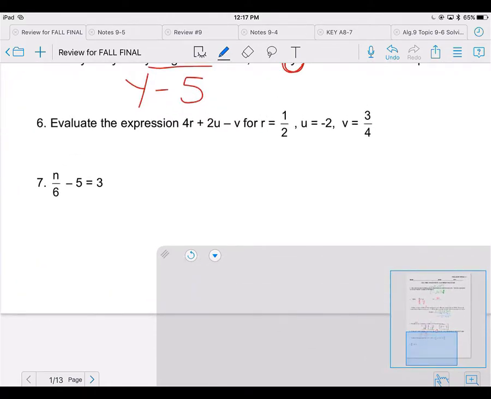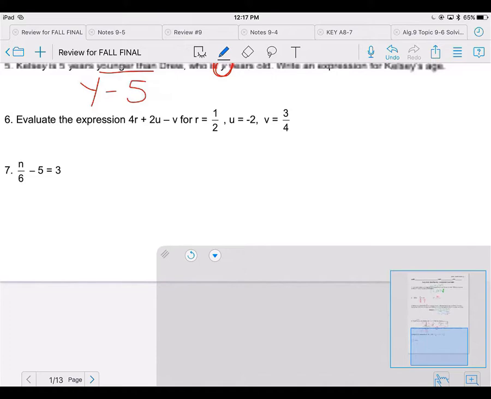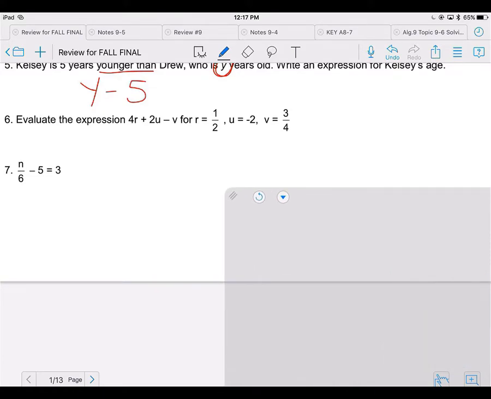Problem 6 asks us to evaluate the expression 4R plus 2U minus V, if R is 1/2, U is -2, and V is 3/4. So we plug in all of those values. So R is 1/2, so 4 times 1/2, plus 2 times U, which is -2, minus 3/4 for V. With this, I'm going to plug it into my calculator exactly like I see it, and make sure that I put parentheses.